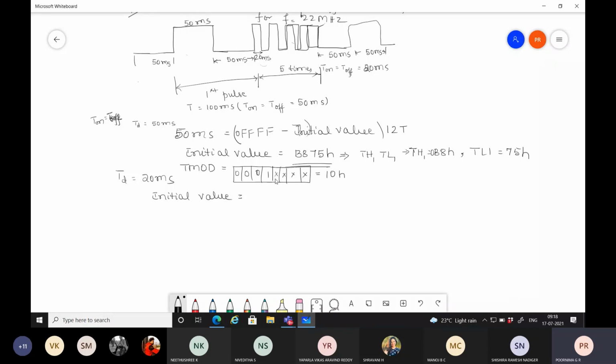How much will it be for 20 milliseconds? Could you please calculate it? Can anyone calculate?